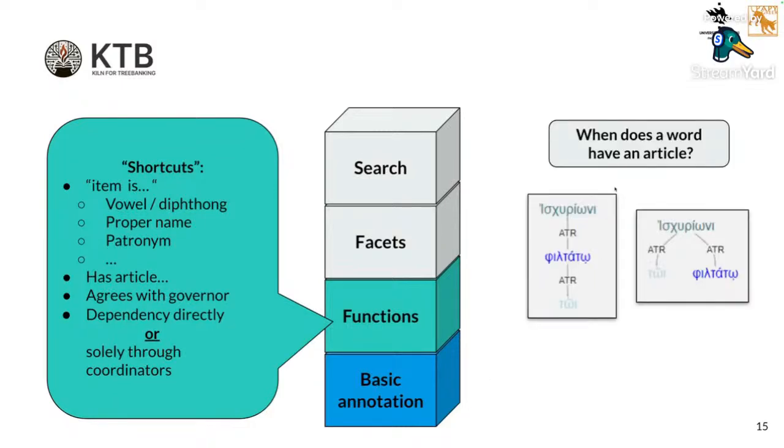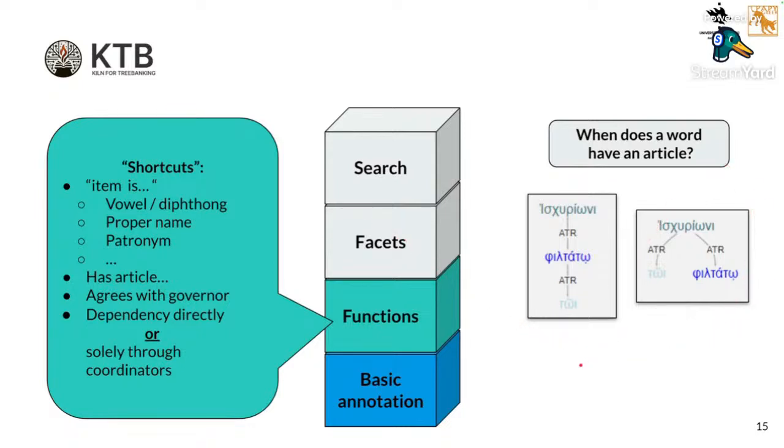Like, for example, what does it mean for a word to have an article? Some tree bankers would put the article, this is the article, in case Greek is not your thing, as the article of this noun phrase, and some tree bankers can and have put it under this word, and the same phrase also appears like so in other annotations. So my query platform takes both into account when it's giving me the results.